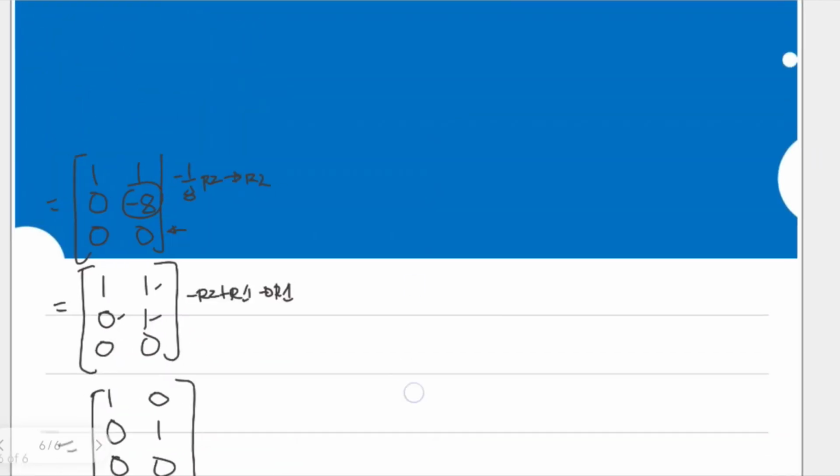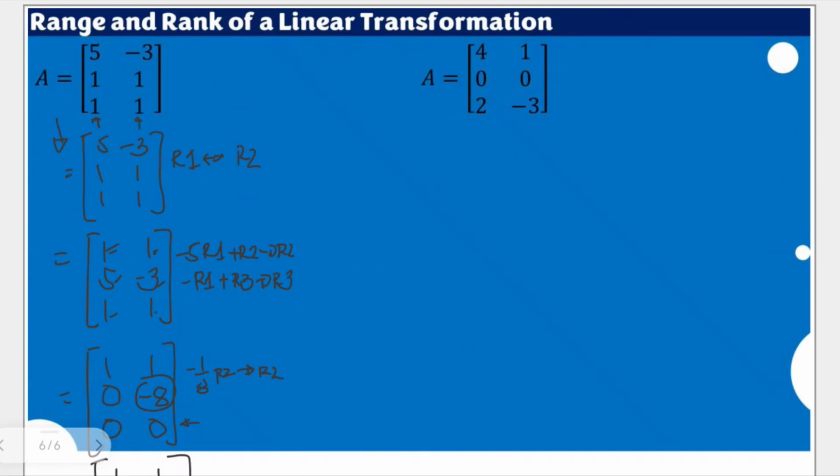Let's duplicate the process for our second matrix here. Again, let's come up with the reduced row echelon form of this. Noticeably, the middle row is already zeros. For this to become a reduced row echelon form, the row of zeros must be placed on the bottom portion.